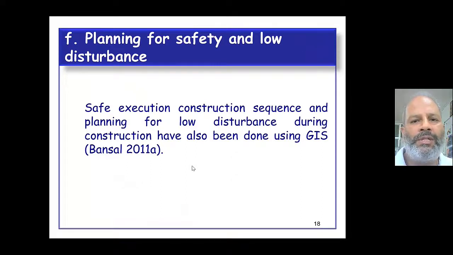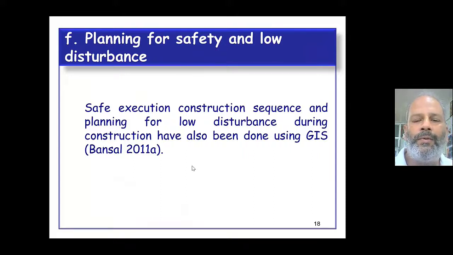Then planning for safety and low disturbance. So if we have, let's say, 4D modeling in GIS, we know what is to be constructed when. If that 4D model has been prepared in GIS, then it gives you the idea about what is to be constructed when and where.